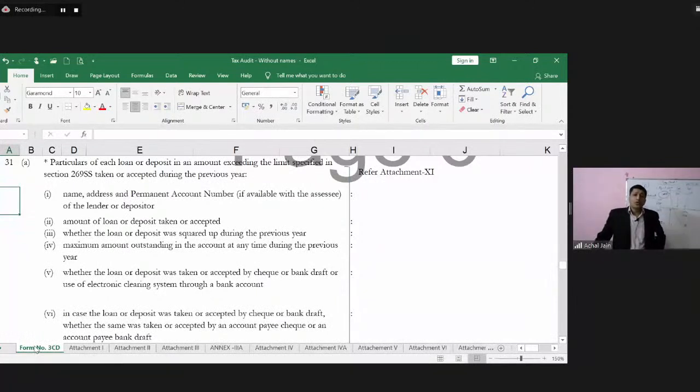Amount of loan or deposit taken or accepted. Whether the loan or deposit was squared up during the previous year. Maximum amount outstanding in the account at any time during the previous year.